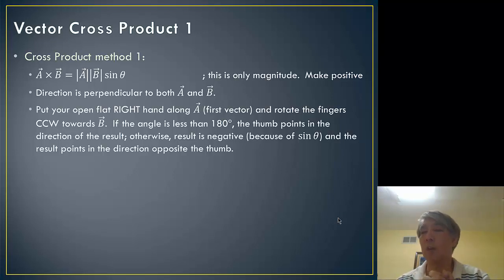We've come across the right-hand rule. Hopefully you still remember it. We went across it in electromagnetism. But just to go over it again, you put your open hand flat along A and rotate it towards B. But it's easier to simply remember whether a torque is a clockwise torque or a counterclockwise torque.